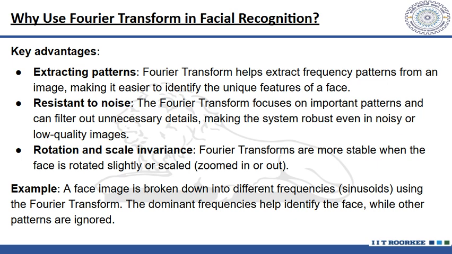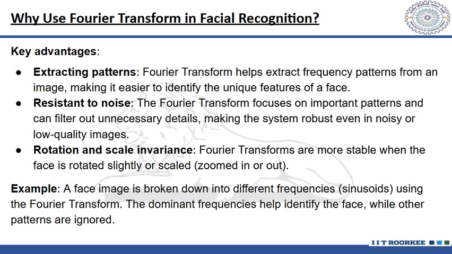So why do we use the Fourier transform in facial recognition? Let's understand that. First, extracting frequency patterns. It highlights unique facial features by focusing on patterns found in the frequency domain. Second, it is resistant to noise.